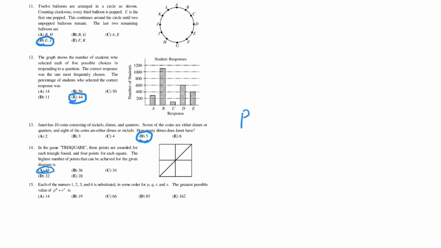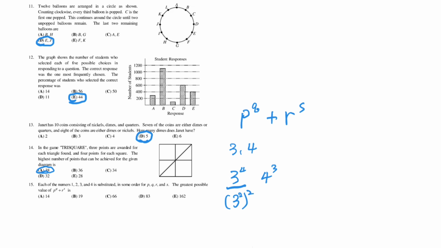So it's P to power Q plus R to power S. So the largest two numbers are 3 and 4. We need to figure out 3 to power 4 or 4 to power 3, which is bigger.